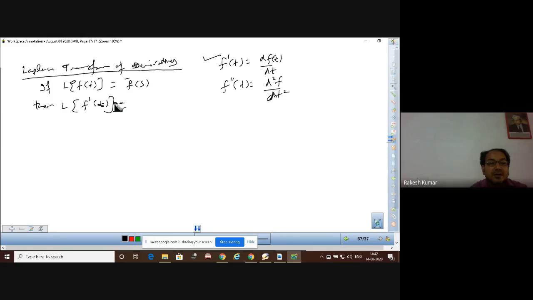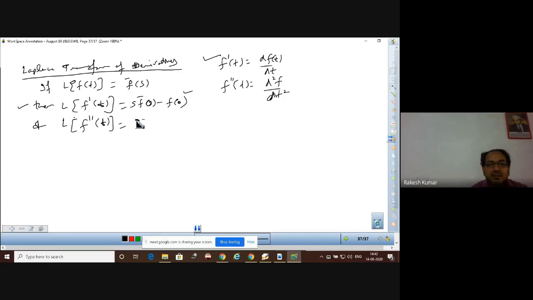Now, how to find out the Laplace transformation? First order derivative means s f bar s minus f of 0. This will be the Laplace transformation of the derivative term. And one more derivative term is a double order derivative term.